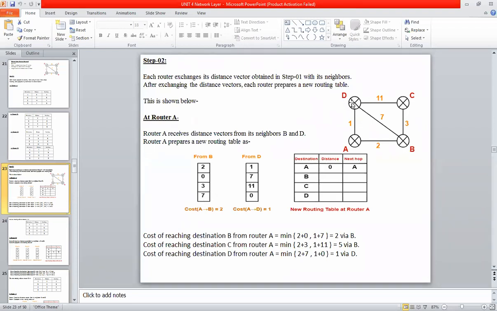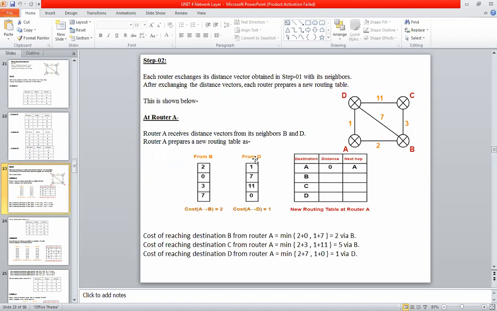And from D, you are considering D. This one is A, this one is B, this one is C, and this one is D. So D to A is 1. Next, D to B. You are considering from D, so you have to see the top level.